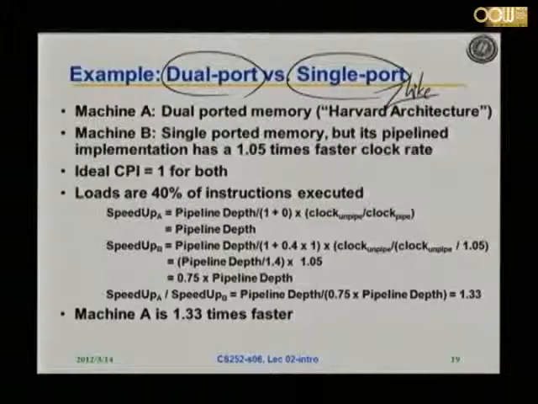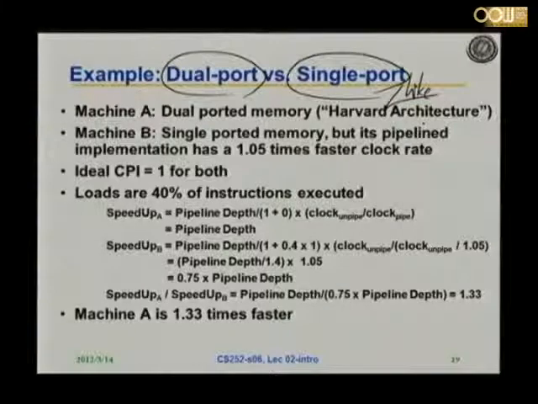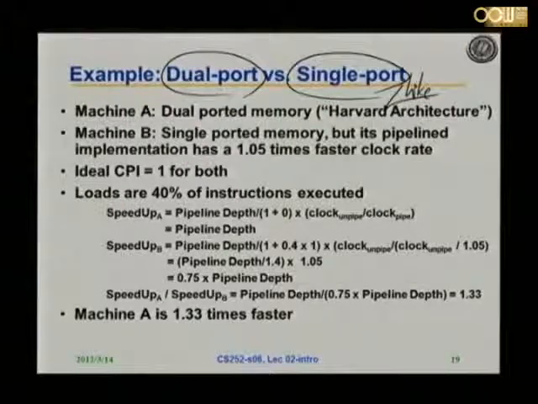Machine B, single-ported memory, but it's pipelined. Its pipeline implementation has a 1.05 times faster clock rate.